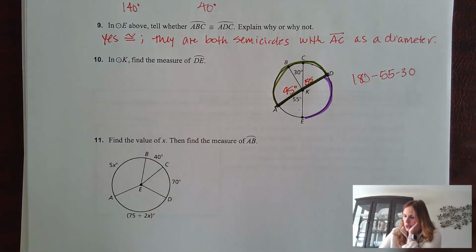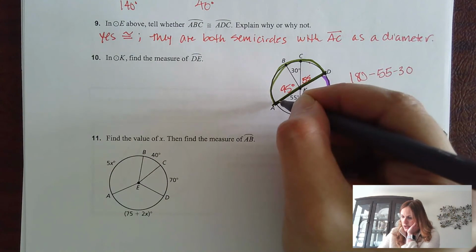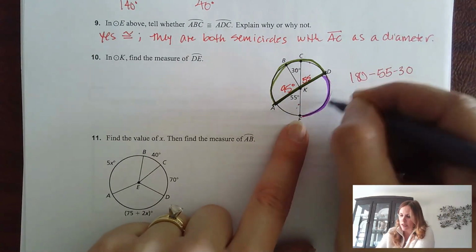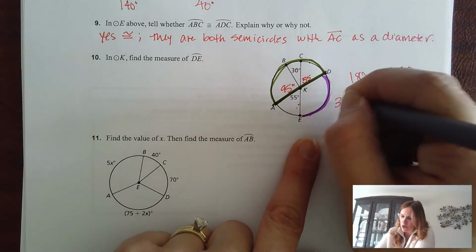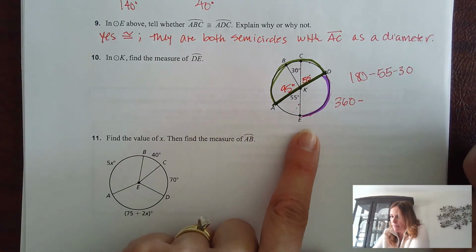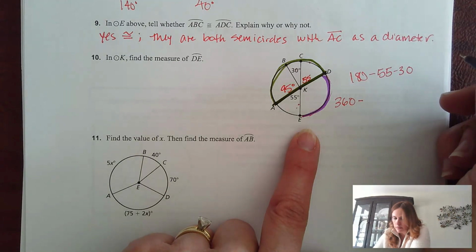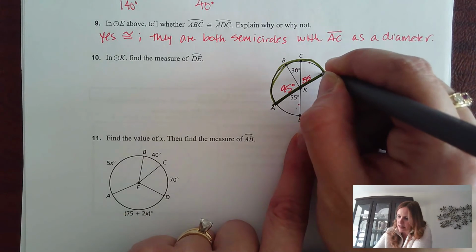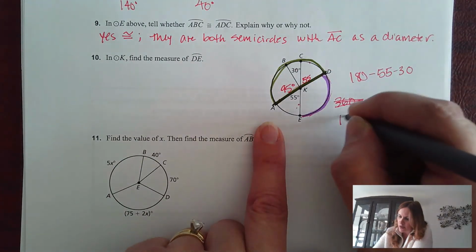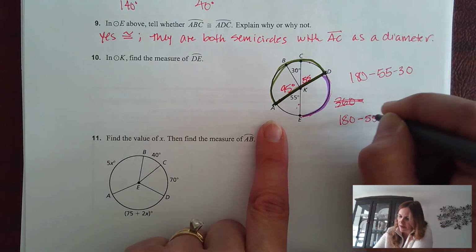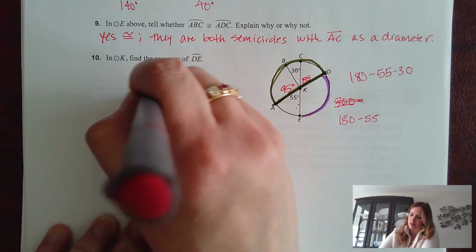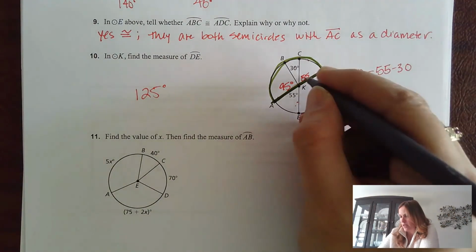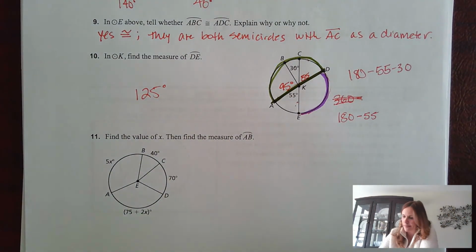Now we know this is 180, 55, 30, and 95, plus 55. The only part I don't know is the part I'm trying to find. You could do 360 minus all of this, or you could recognize that since this is a diameter, this is just 180 minus 55 and get 125. I guess we wouldn't really even have to figure those pieces out, would we?